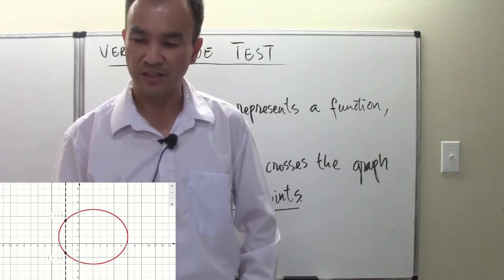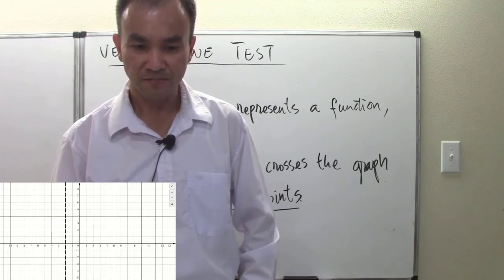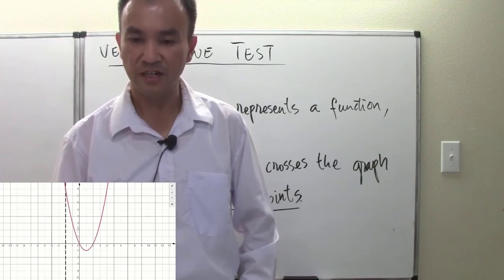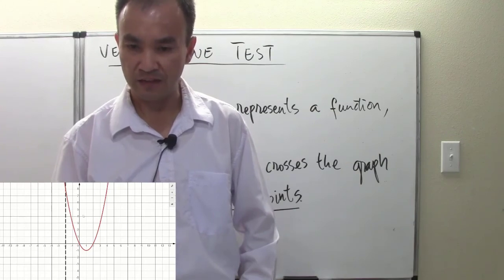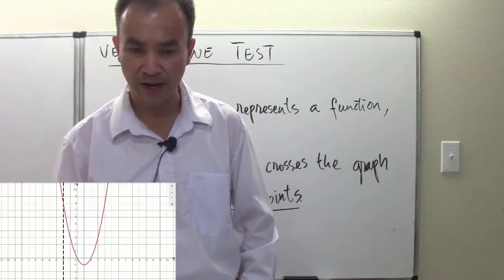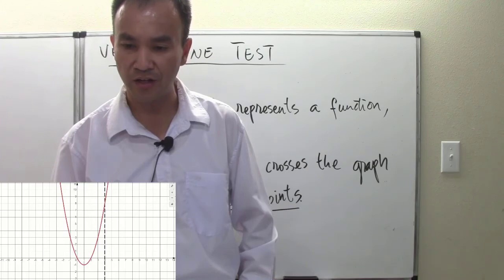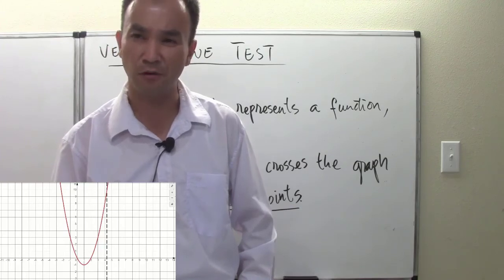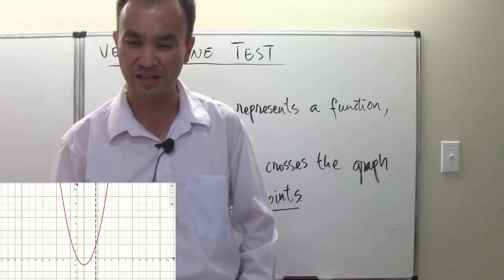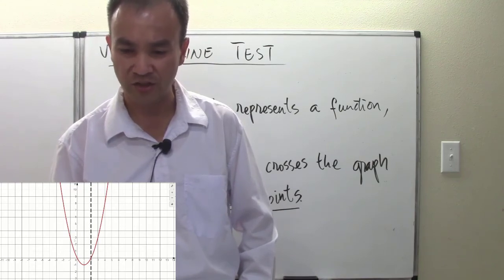Now, whereas, let me put on a different curve. See, this curve right here, no matter where you put that vertical line, you won't find any vertical line that crosses the graph at more than 1 point. Anywhere you put that vertical line, it only crosses the graph at just 1 point.